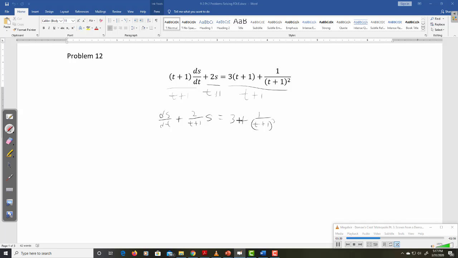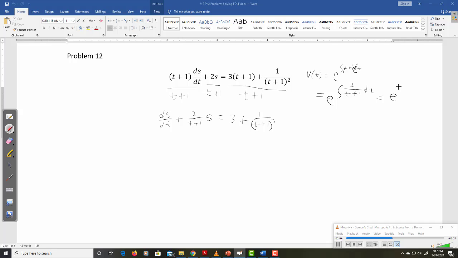So here we have our q of t on this side, our p of t, and our derivative. So we make our integrating factor, our v of t, e to the integral of p of x dx, or p of t, I guess. So e to the integral of 2 over t plus 1 dt.